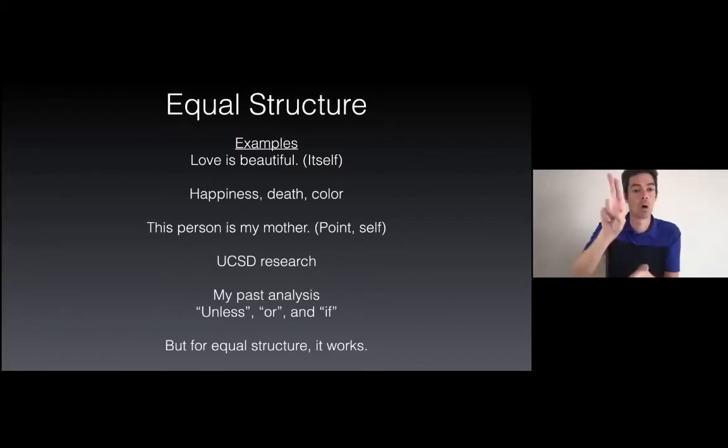UCSD, University of California, San Diego, has a linguistics research program. I uploaded some information about equal structure on social media, and they got in touch with me and said they're actually doing research related to that right now.